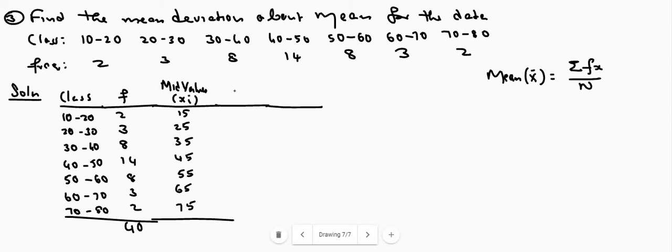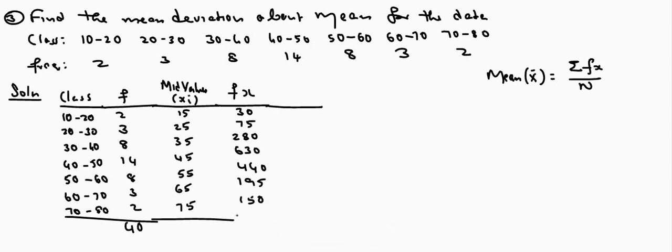So we have to find fx. Fx means 2 into 15, 2 into 15 is 30. 3 into 25, it is 75. Then we get 280, 630, 440, 195 and 2 into 75, finally 2 into 75 is 150.